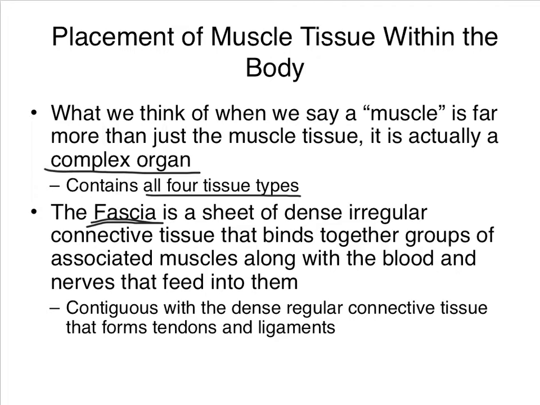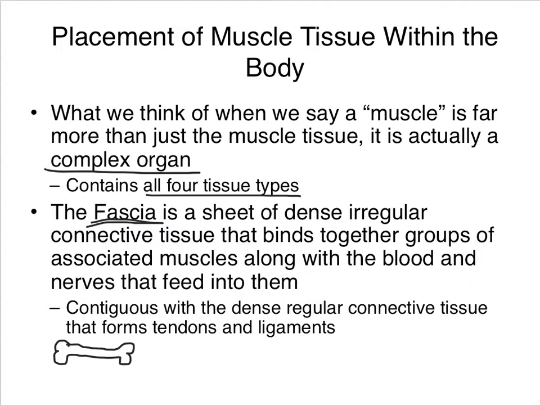This fascia that surrounds a muscle or muscle group is usually contiguous with the dense, regular connective tissue that forms the tendons, right? So remember, you have your periosteum, right? So let's say you've got like a bone here.